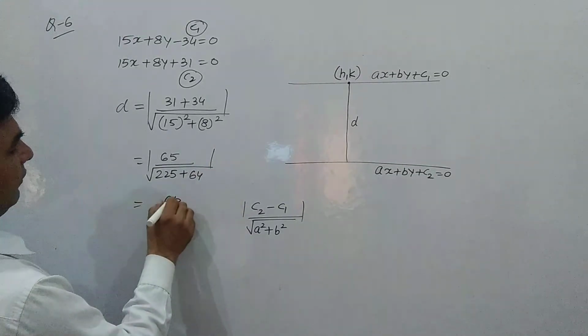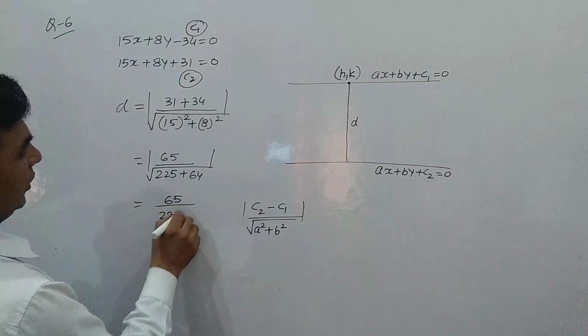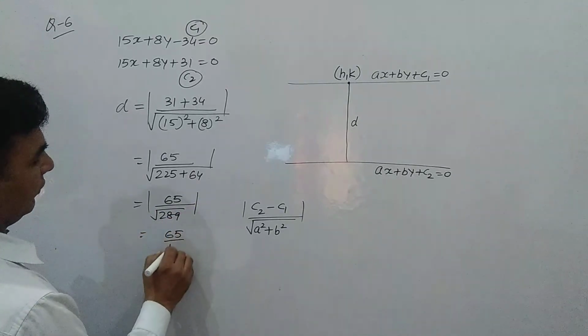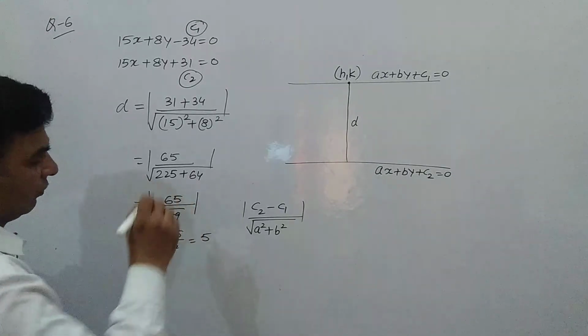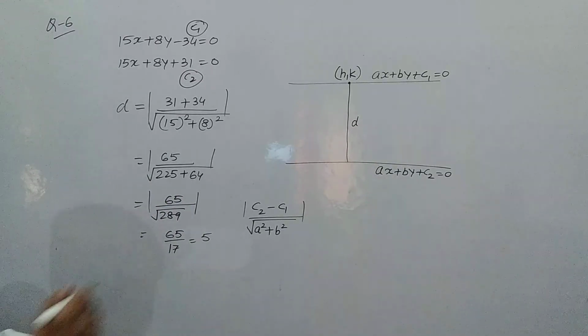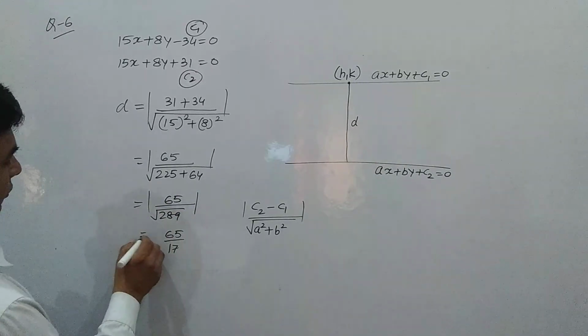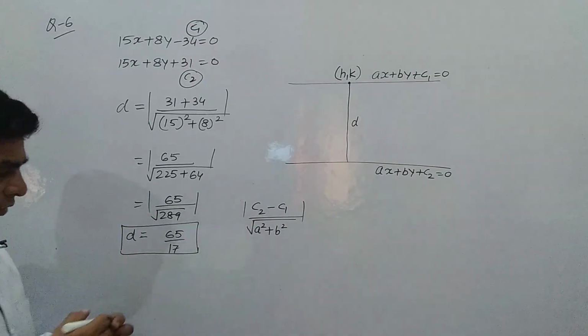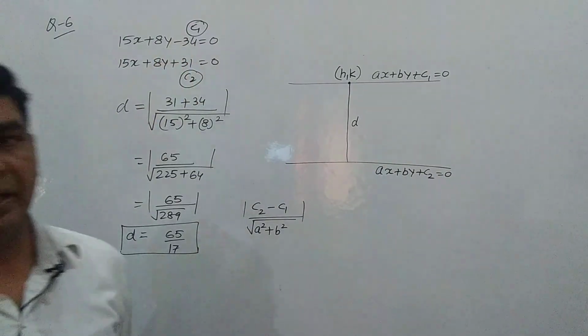This is 65 upon the square root of 289, and this is 65 upon 17, which is 5 again. Sorry, this is not 5, this is 65 by 17. So this is the distance between these two parallel lines.